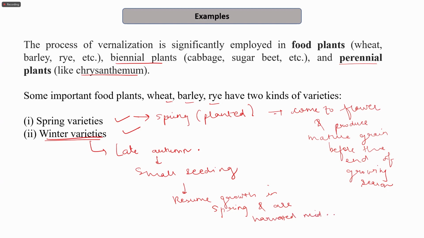So this is important. Winter varieties are actually harvested in midsummer and spring varieties are planted in the spring.